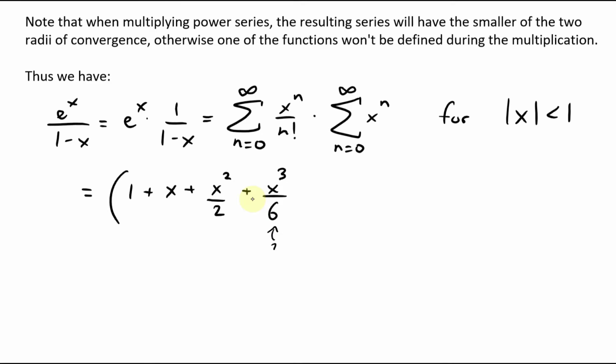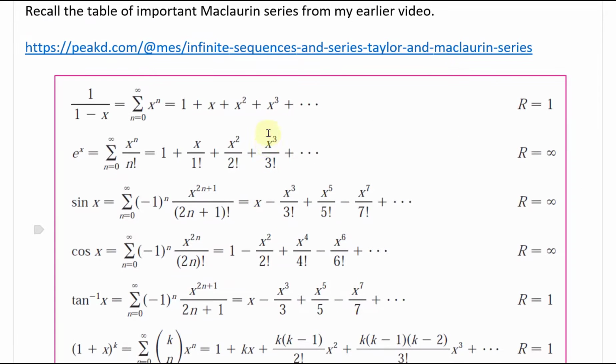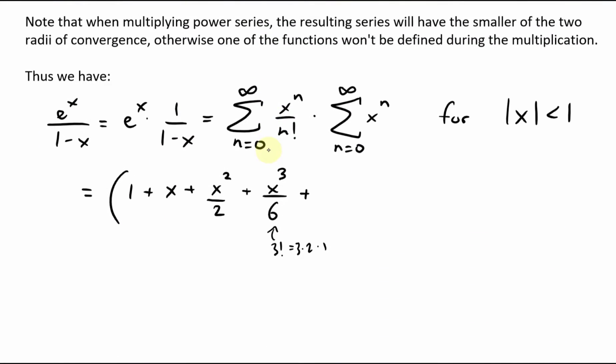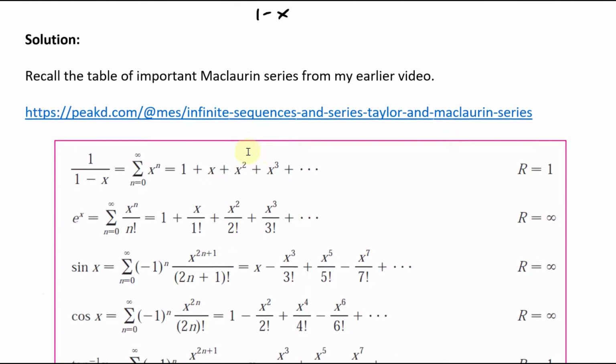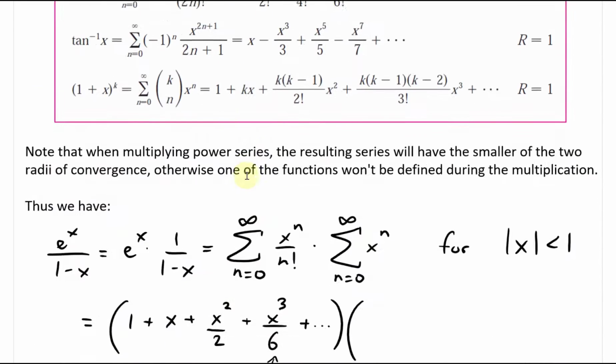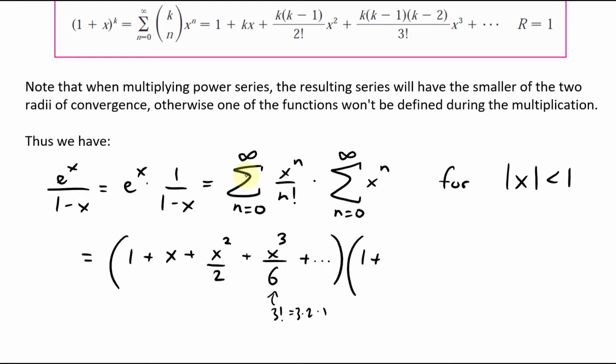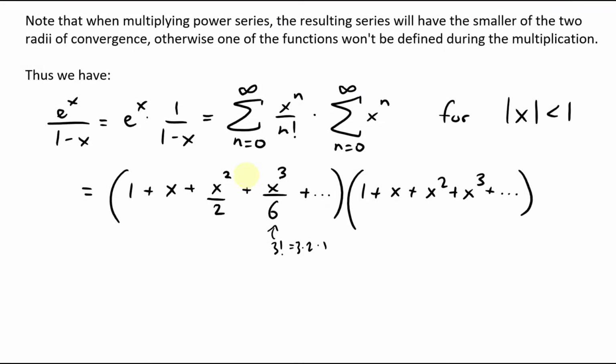Remember, 3 factorial equals 3 times 2 times 1, just 6. Plus dot dot dot, and then put a bracket. Now we're going to multiply this by this one here: 1 plus x plus x squared plus x cubed plus dot dot dot.